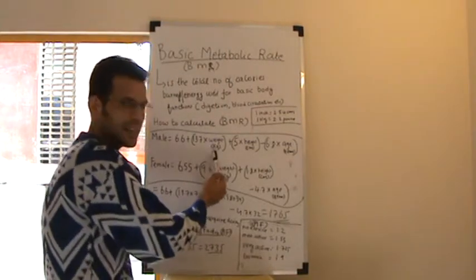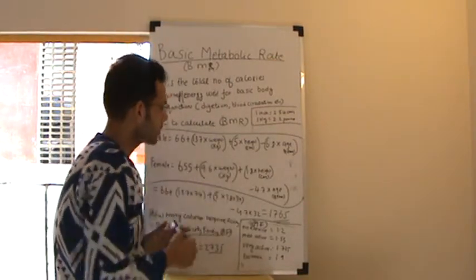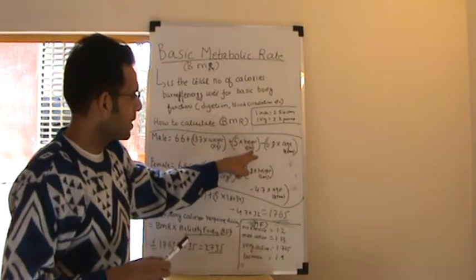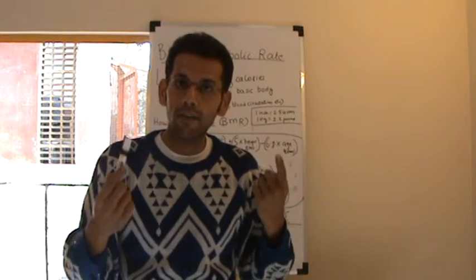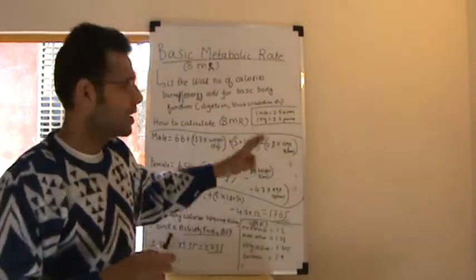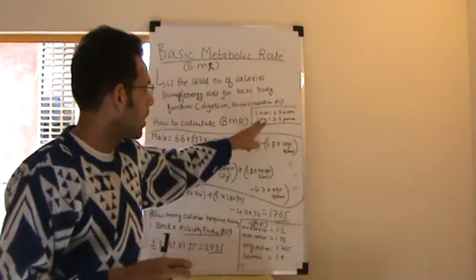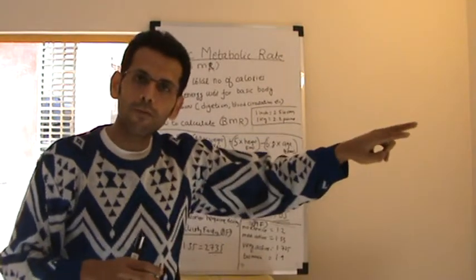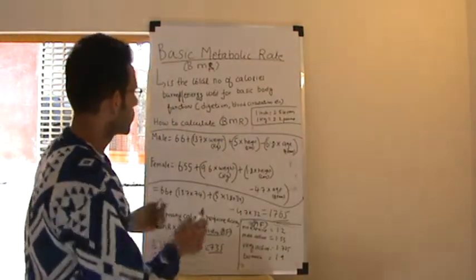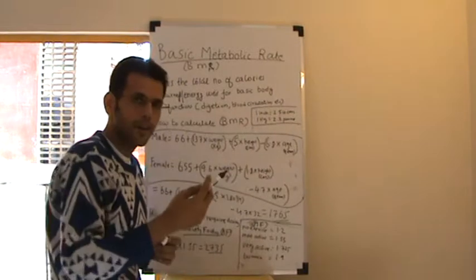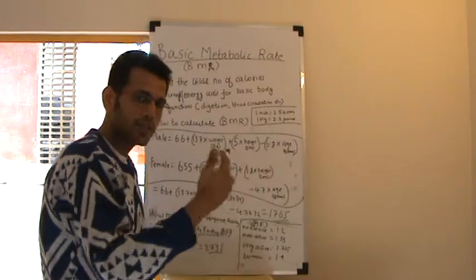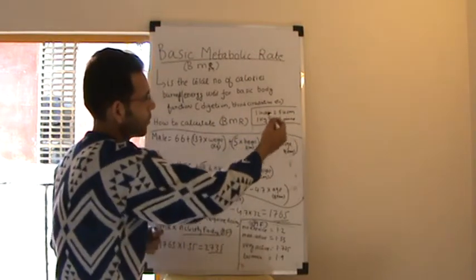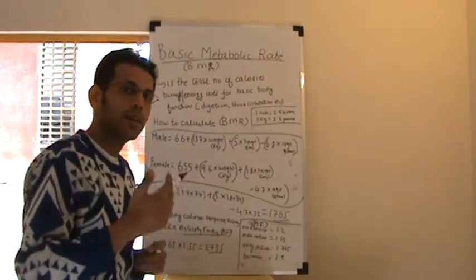So my weight is 74 kilograms and my height in centimeters, I carry a height of 5 feet 11 inches. 1 foot is equal to 12 inches and 1 inch is equal to 2.54 centimeters. So my height is 5 feet 11 inches, that is 71 inches, that is 71 into 2.54, that is 180.34 centimeters.